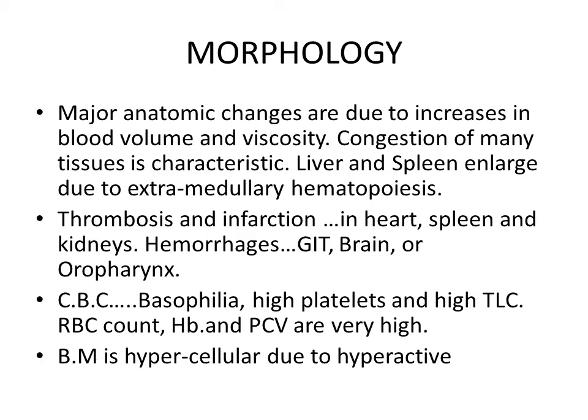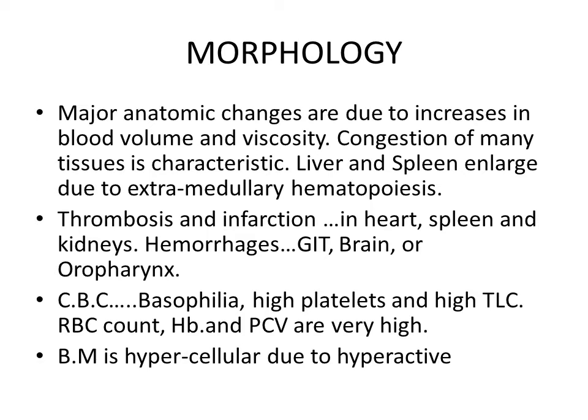Liver and spleen enlarge due to extramedullary hematopoiesis. This may be a bit late stage of the disease. There is fibrosis in the bone marrow, and the organs which were producing the hematopoietic elements in intrauterine life can become active.